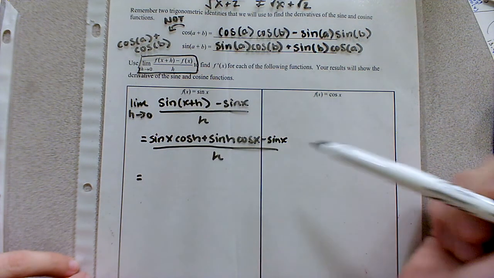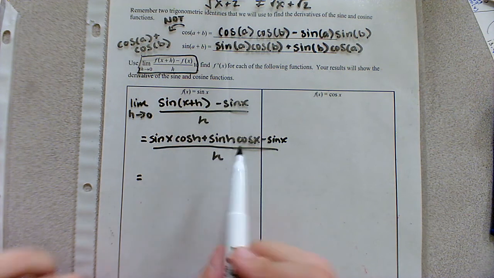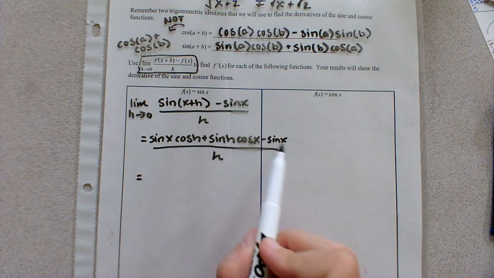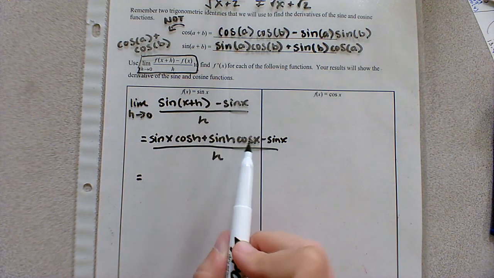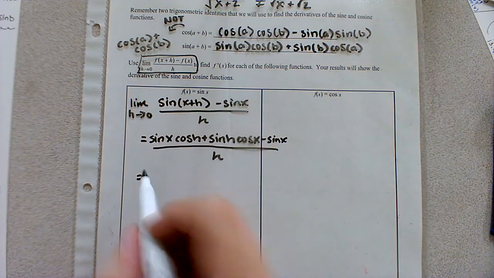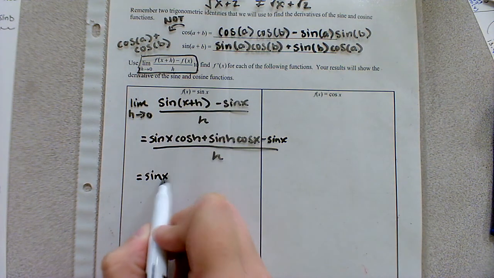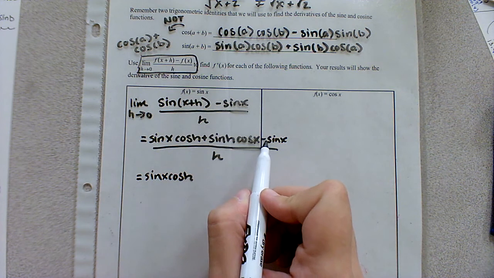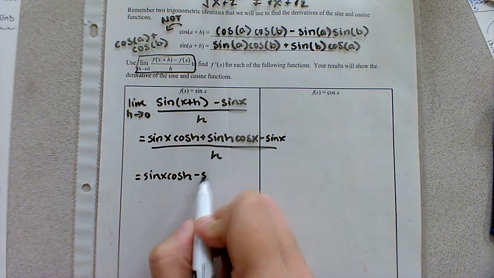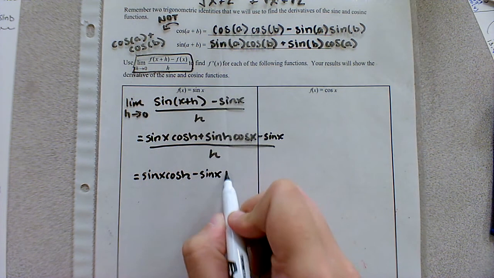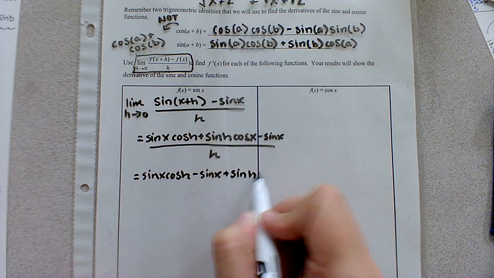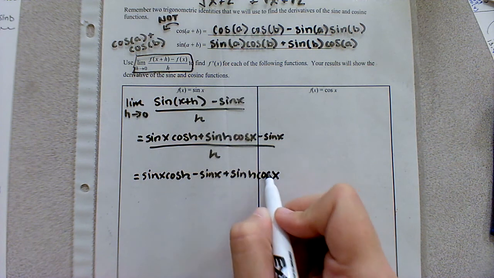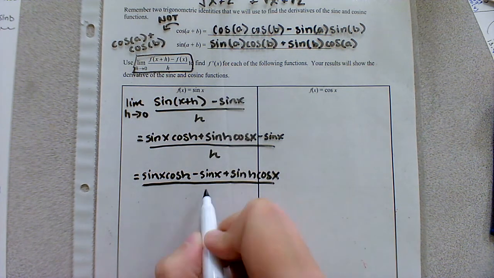Now, what I'm going to do from here is just rearrange a few things. I'm going to take these two terms on the end and switch where they are written. So I'm going to have sine of x cosine of h, and then instead of this middle term, I'm going to write minus sine x, and then I'll just have the sine of h cosine of x left. I'm just rearranging some terms.